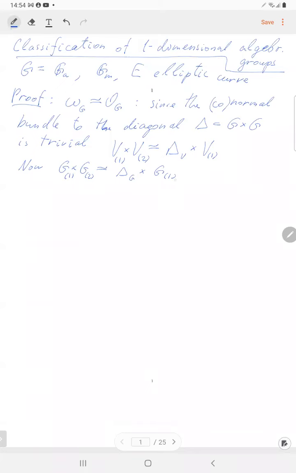Okay, fine. And somehow this is the crucial point, because it means that if G is projective, then necessarily the genus of G is 1, right?